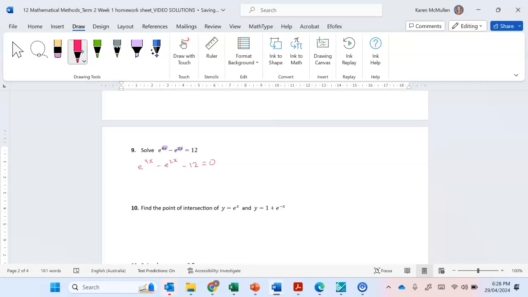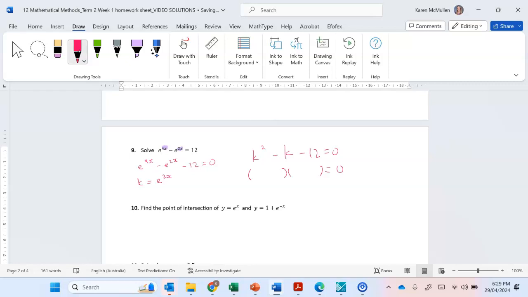And we choose our favorite letter, so k, and let k equal e to the power of 2x. There's nothing wrong with letting it equal something other than e to the power of x. If we let it equal e to the power of x, we're going to get k squared, sorry guys, k squared minus 12. And then it's just a nice quadratic we can solve.